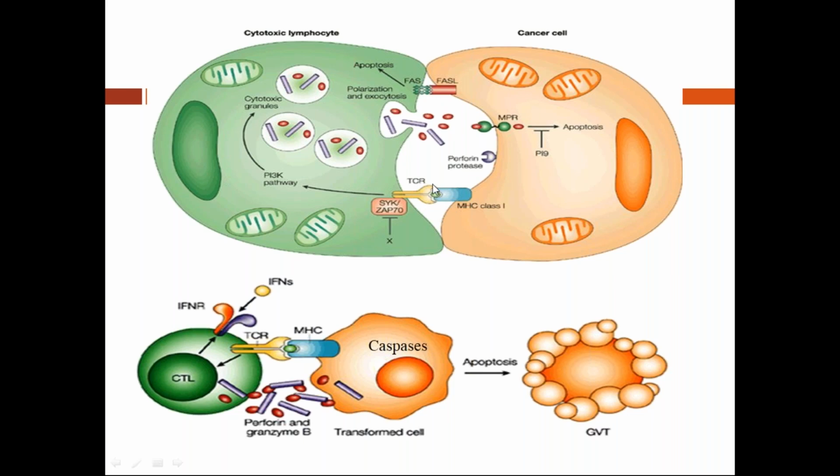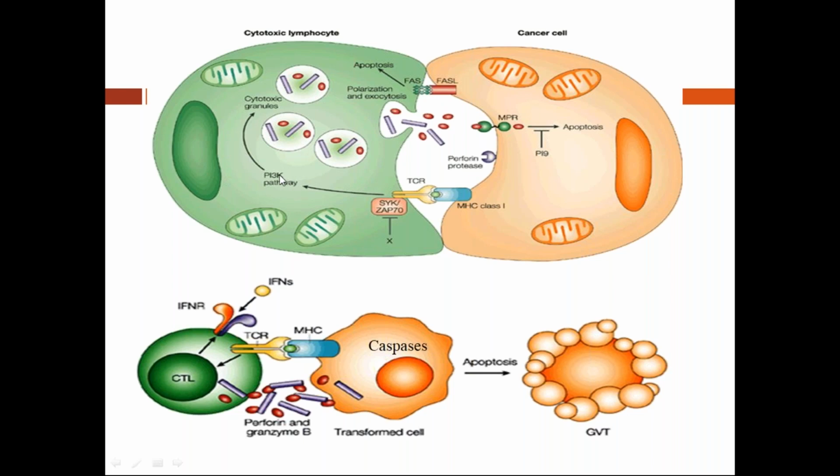Now following the binding, what happens? This receptor gets activated, which in turn activates signal transducing protein within the cytoplasm. That pathway is the PI3K pathway. So that pathway gets activated. It's a signal transducing pathway.